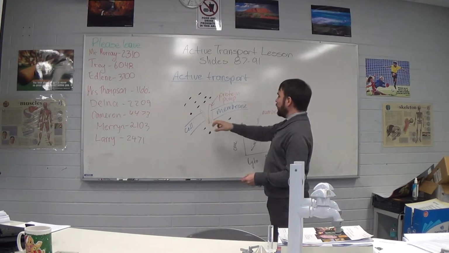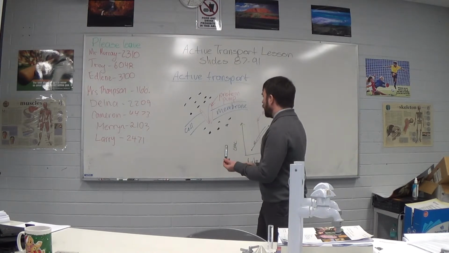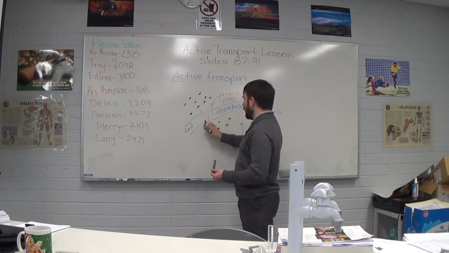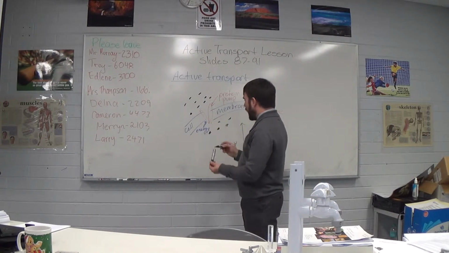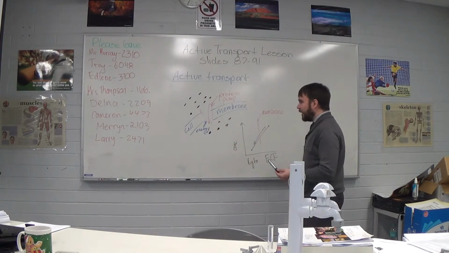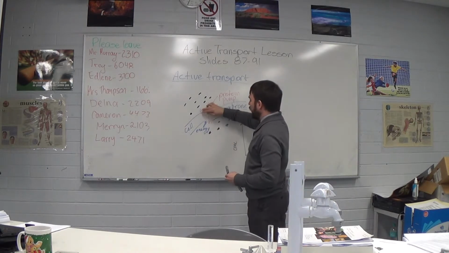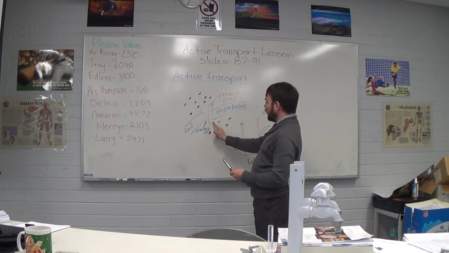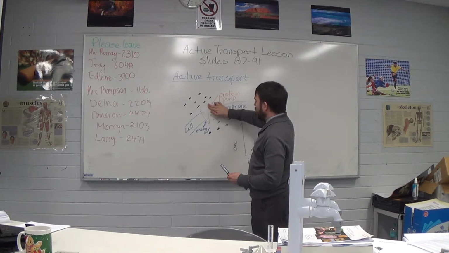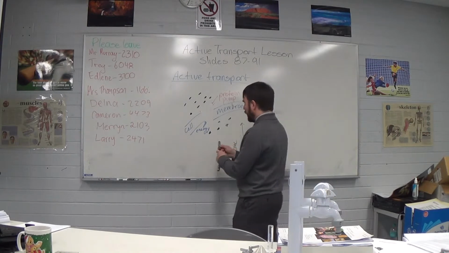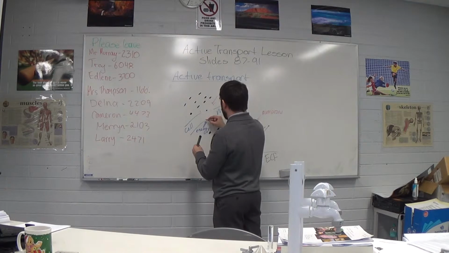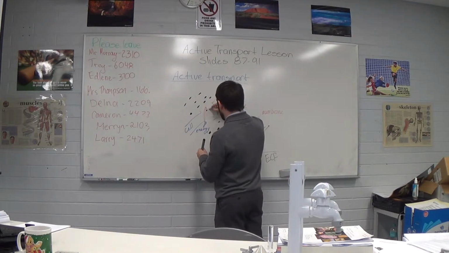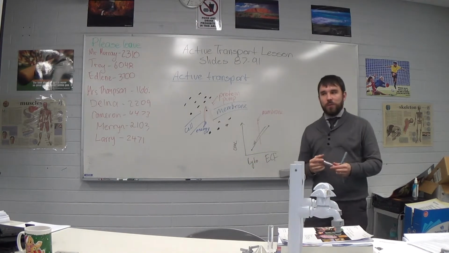So what it's going to do is it's going to use this protein pump. The protein pump, in order to work, needs energy, and that energy allows it to change shape. So that we go from this where it's closed, where there's no entry into the cell, to having entry possible.